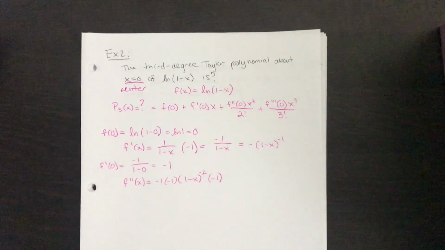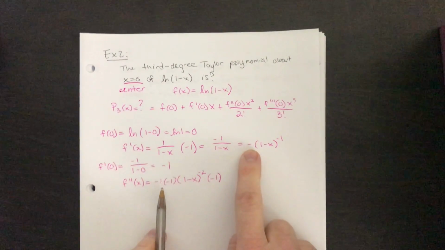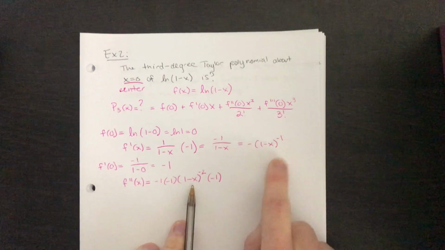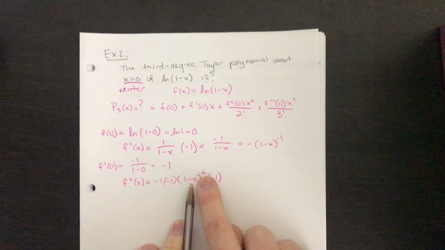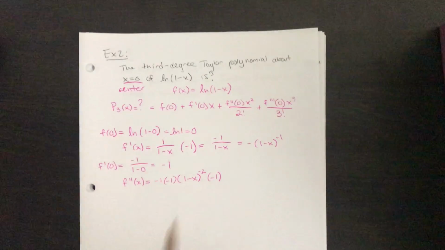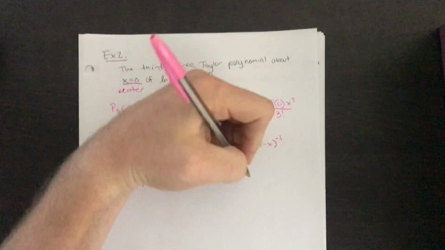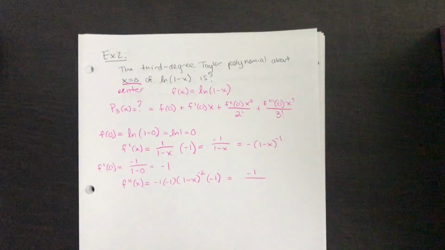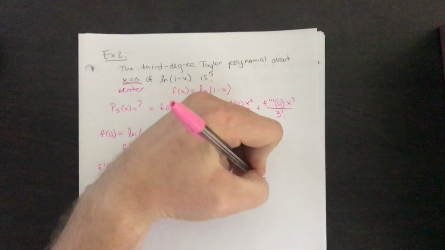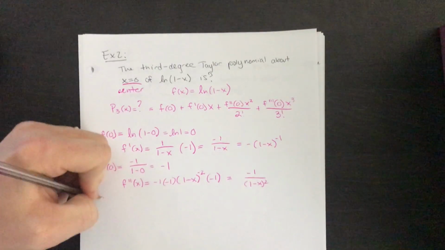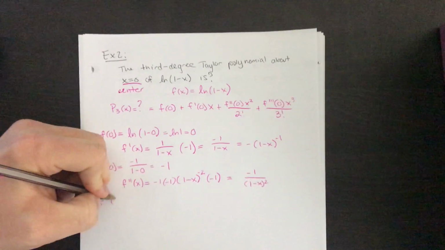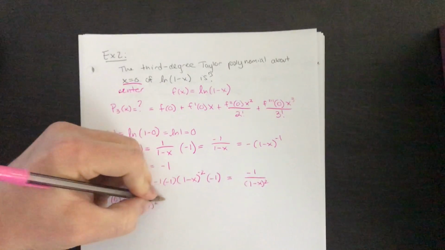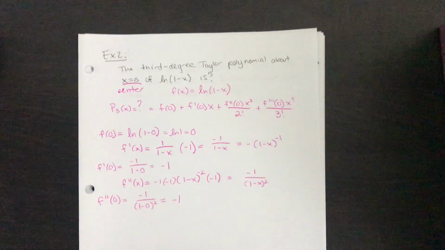Once again, don't forget your chain. The negative 1 comes from this negative out front. This negative 1 comes from the power. Drop the power to negative 2, and then the chain right there is negative 1. So this simplifies to negative 1, negative, negative, negative, makes a negative still, over 1 minus x squared. So f double prime of 0 is negative 1 over 1 minus 0 squared, which once again is just negative 1.